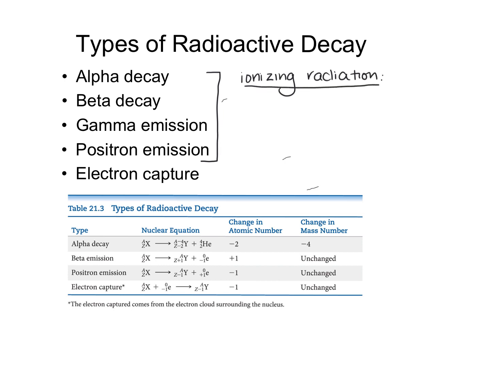And all this means is they are going to produce a trail of ions through the material they penetrate.